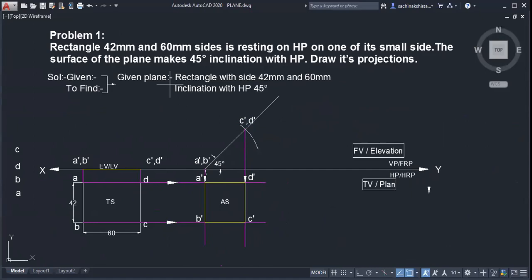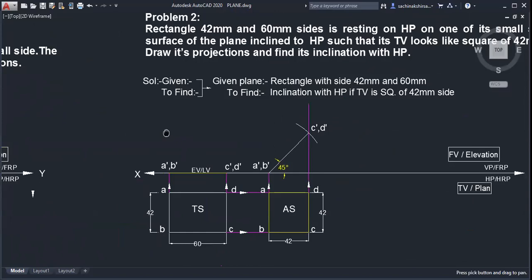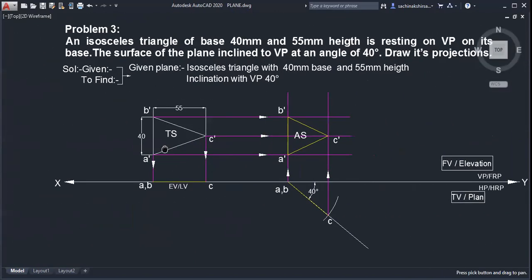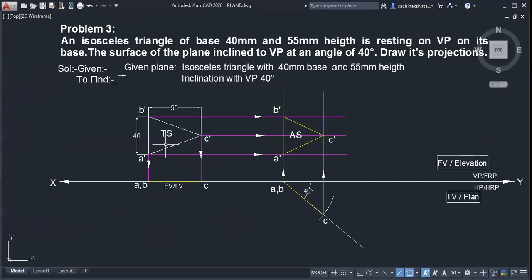But in a three-stage problem, inclination with two planes will be given, and then we are supposed to solve the problem. With the beginning, we are taking inclination with just one of the reference planes. That's why such problems are called two-stage problems. One stage is the true shape, and the other step is to give inclination and complete the projection.